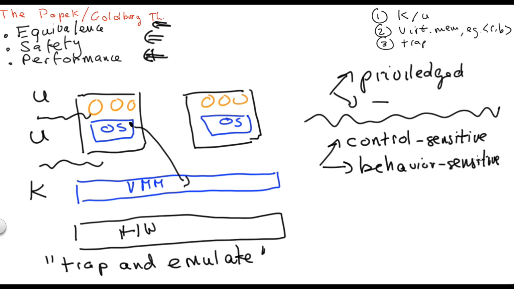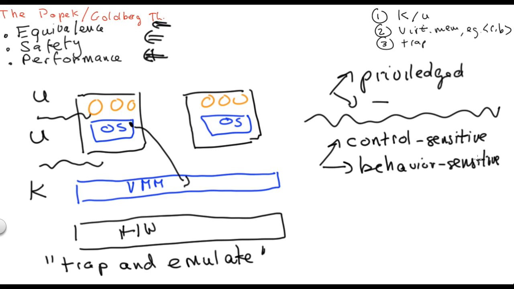On a 32-bit architecture, it would be a 32-bit number. On a 64-bit architecture, it would be a 64-bit number. But that number actually leaks some information, and the behavior of that instruction will be different based on the value of the registers that define virtual memory, and specifically based on the value of the relocation register. And if such an instruction exists, it is called a behavior sensitive instruction.